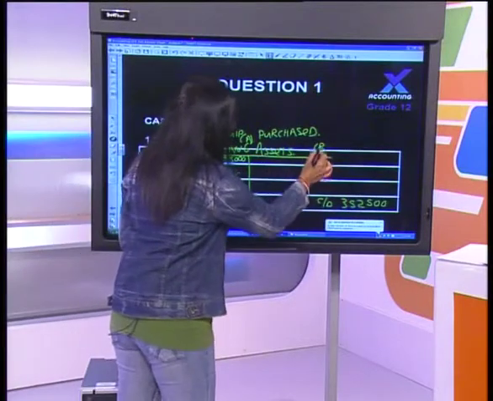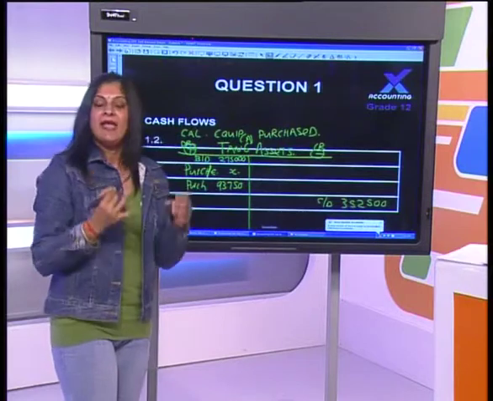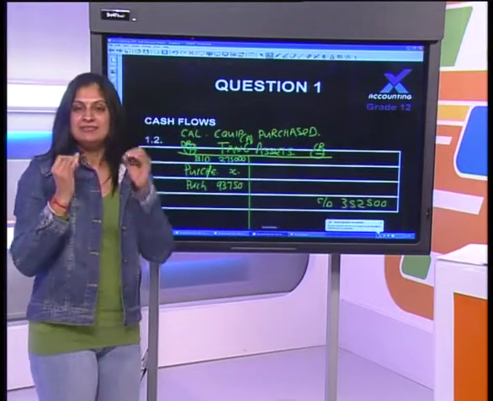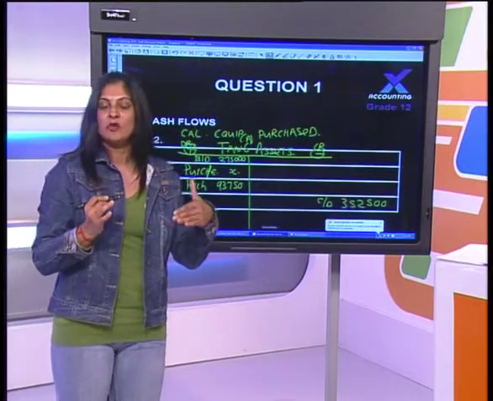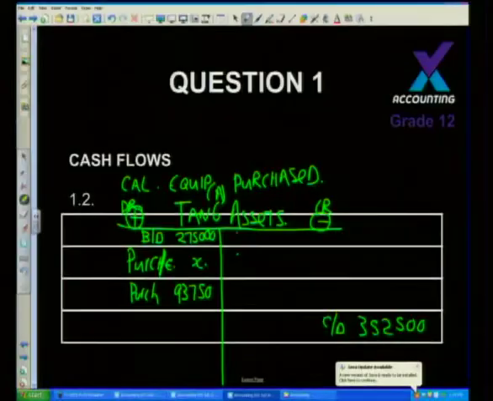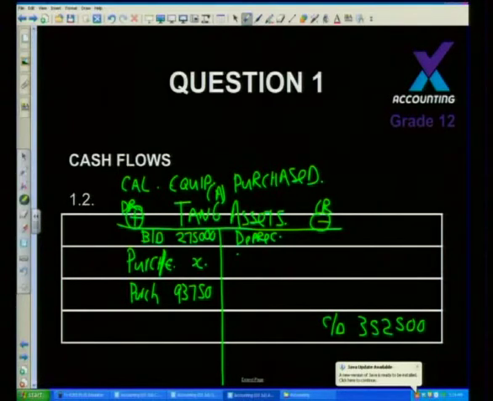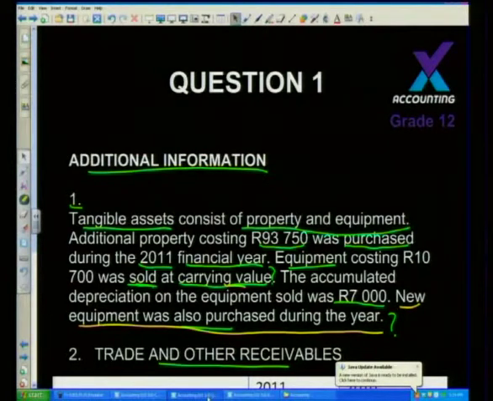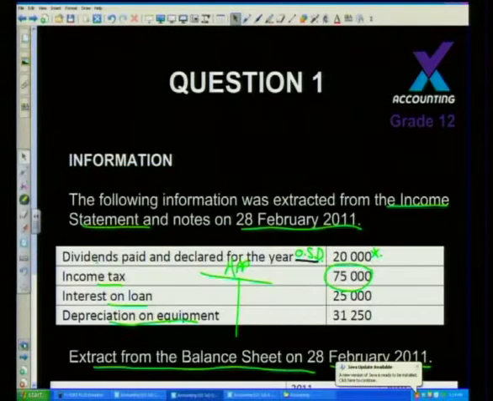Right, now we get to what's going to make your tangible asset value decrease. In other words, what makes this value go down? Every time you provide depreciation, the value of your assets diminishes, it decreases. So the first thing that's going to make it go down will be depreciation. Let's now go to our depreciation. We came across this amount in our question, and it was in the income statement extract.